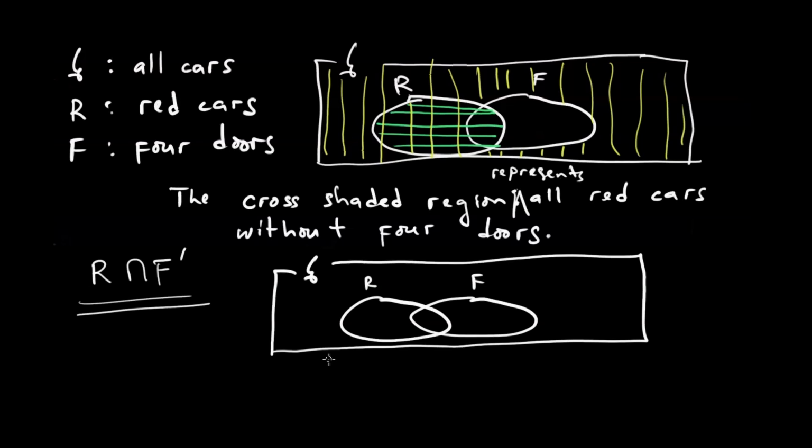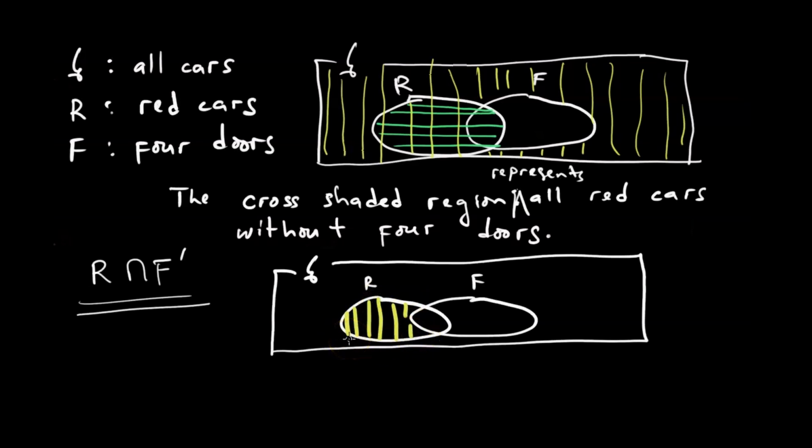We know red cars are in here, including the intersection. That is the boundary of red cars. We want red cars without 4 doors. The red cars with 4 doors are found in the intersection here. So basically our answer should be a region like this.